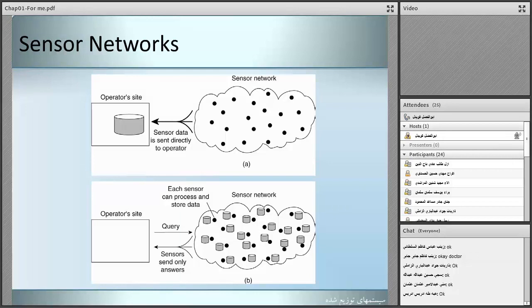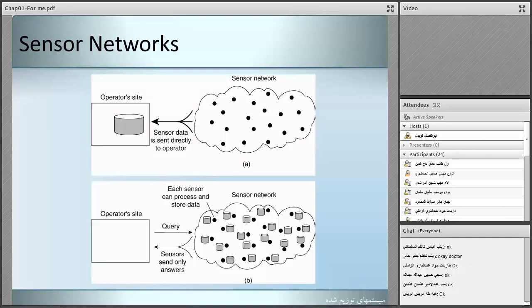In the other solution, we can organize our sensor networks in such a way that our sensors can process and store data. It means each sensor can be a small computer.